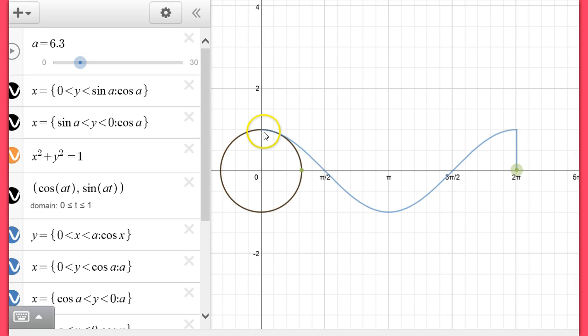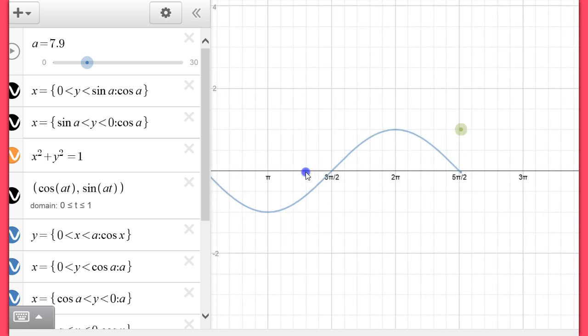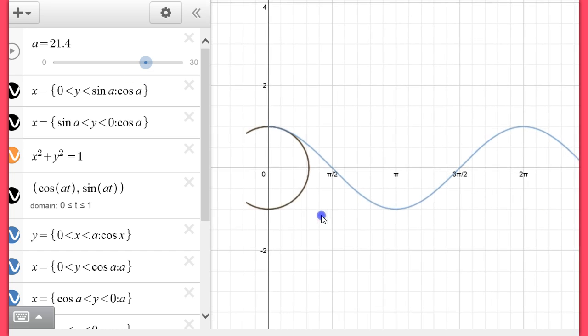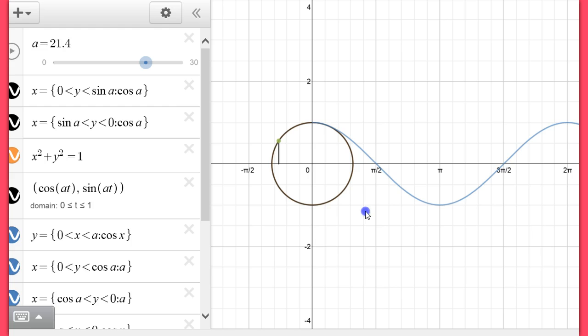So here I'm up at 0, 1. And at 2 pi, I'm up here at 1 again. So you do get that same period of 2 pi, and it continues to repeat itself. If I were to move this over here, it just keeps going and going in that periodic motion. Okay, so the major difference between the cosine and sine function is where it starts.